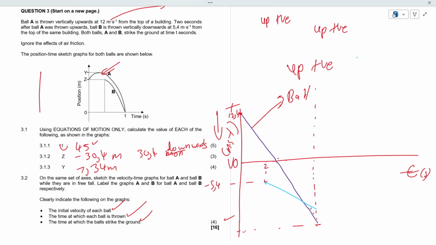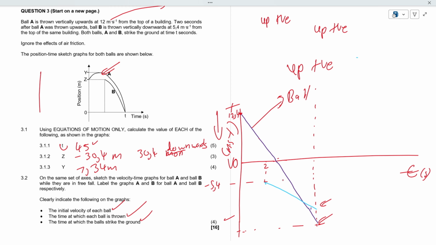And this is the velocity that this one is going to end with. We never know the velocity at which both of them strike the ground. So this is all we know, but both of them strike the ground here. But if you calculate the velocity, we're going to see.